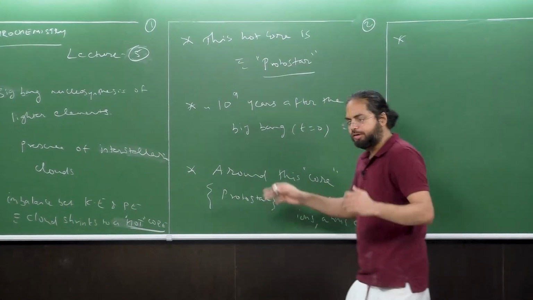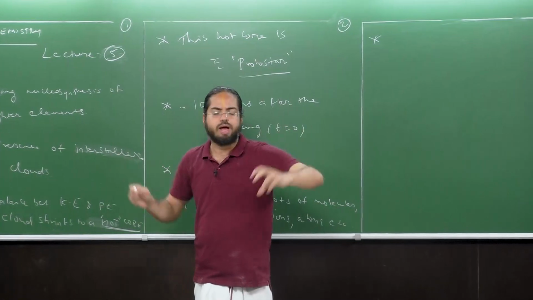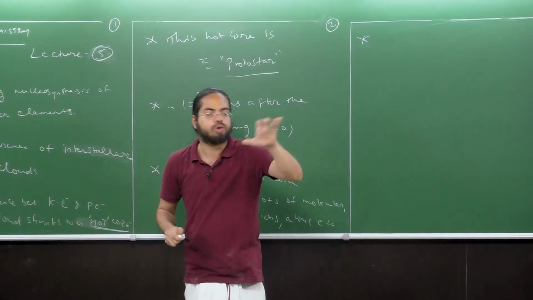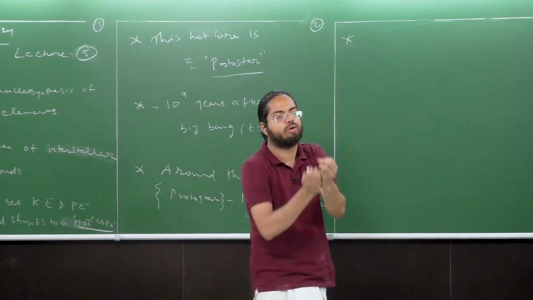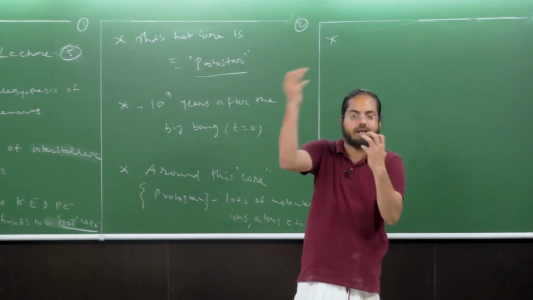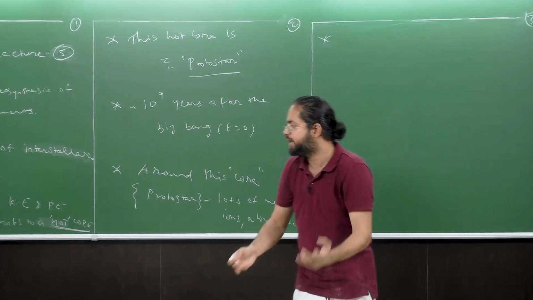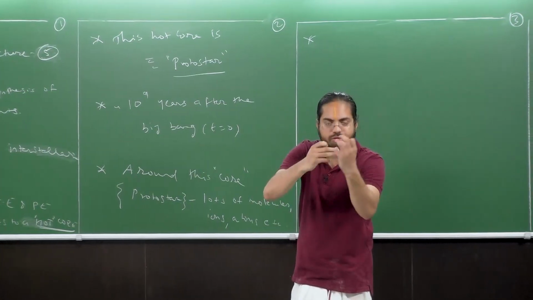Because what has happened is that some molecules and atoms have gone inside, have become part of the core. But there are other molecules which are still under the gravitational influence of the core. Even though the core has shrunk, even though the gravitational influence in the cloud is much lesser now, despite that, many molecules will still linger around this protostar, this hot core.